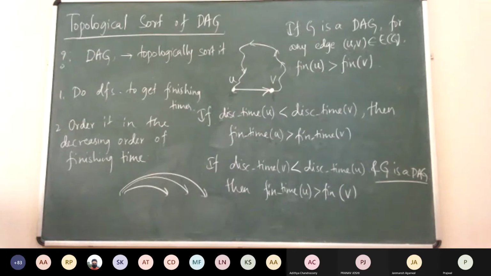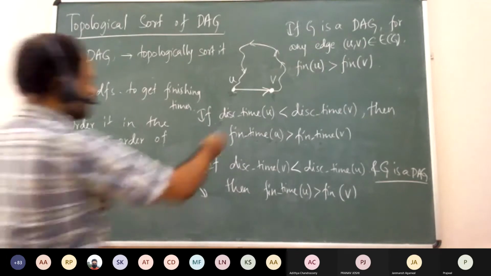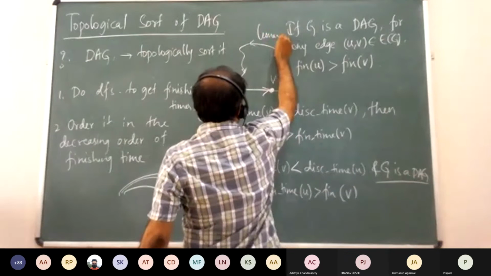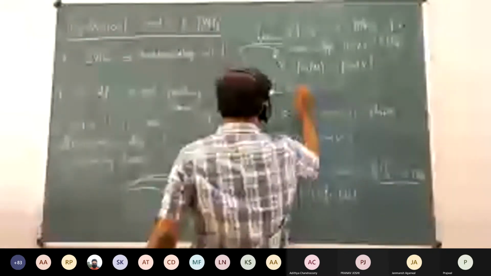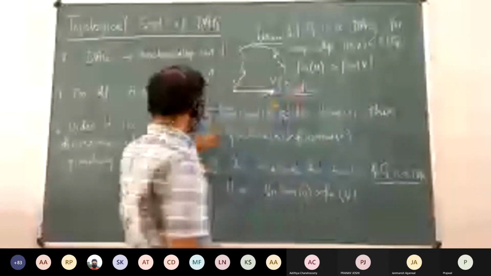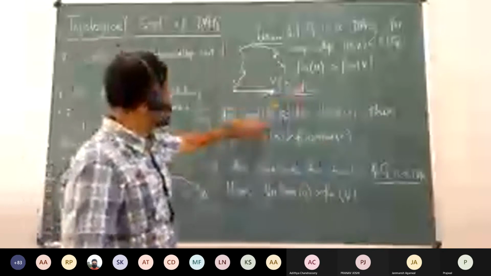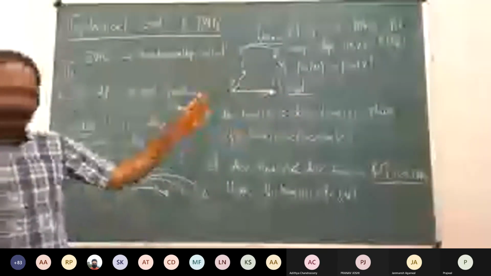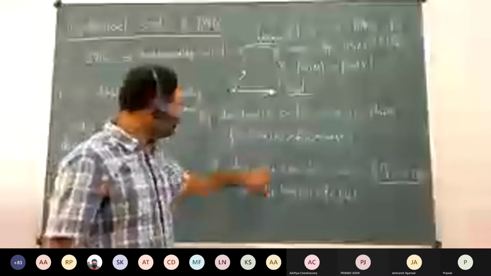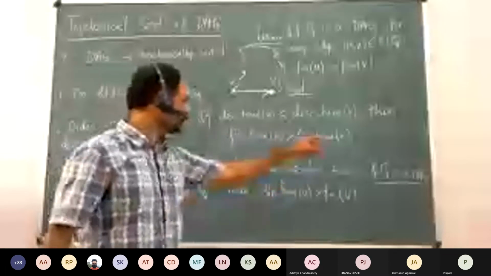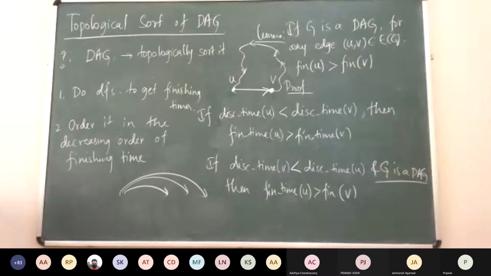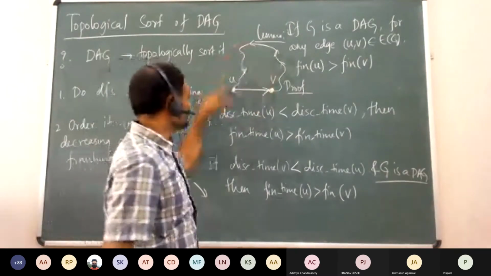So the proof is basically this. How do you prove this? This is the lemma, or claim. The proof is basically what we said here. There are two cases. If U was discovered before V, then it is very easy; this is true for every graph. But if V was discovered before U, then since it's a DAG, U cannot finish before V. If it finishes before V, then there will exist a cycle like this.